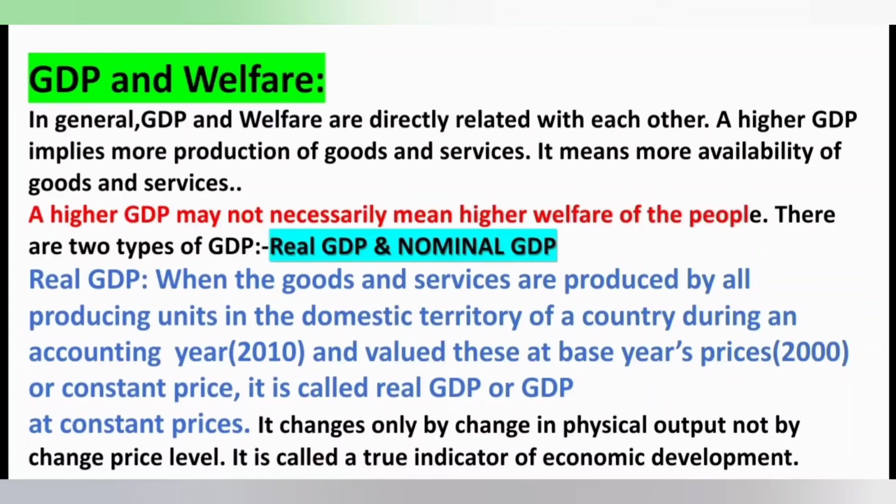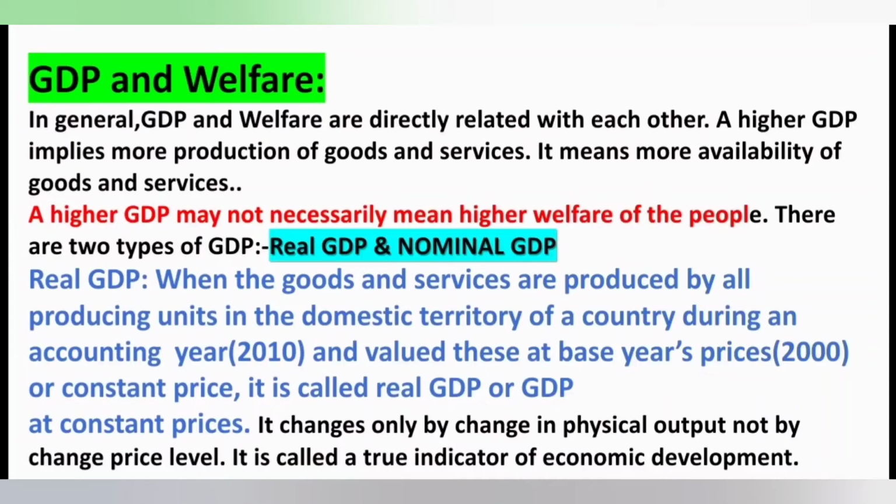GDP is expressed in two ways, as real GDP or GDP at constant prices and nominal GDP or GDP at current prices. Real GDP or GDP at constant prices, what is it? It is expressed at base year price, that is, when the goods and services are produced by all the producing units in the domestic territory of a country during an accounting year, say 2010, and valued at base year prices, say 2000, it is called real GDP.